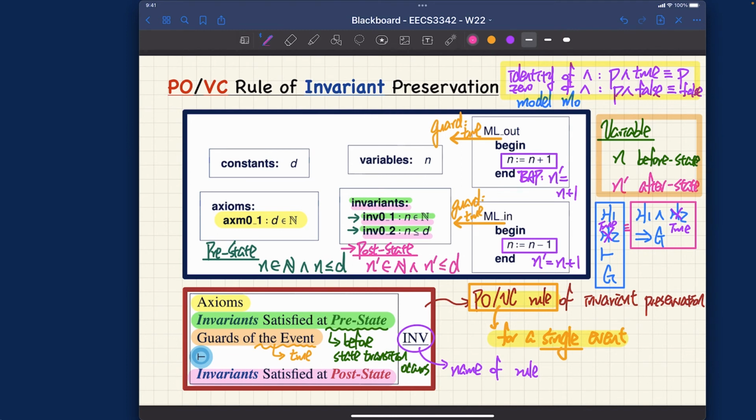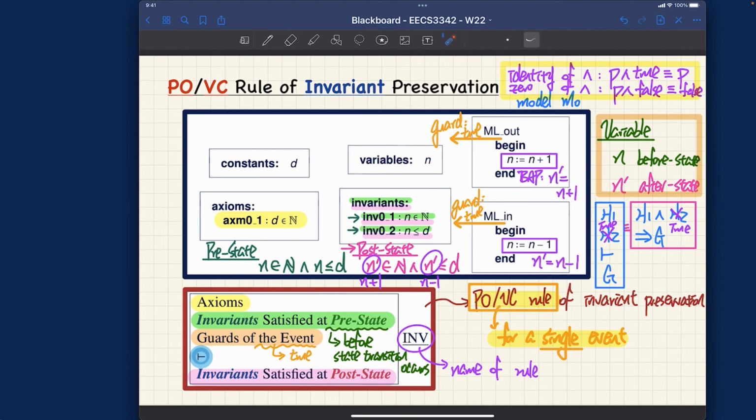But now, since we know n prime is indeed the pre-state value plus 1, and also here it's the pre-state value, oh sorry, minus 1, beg your pardon. Minus 1, right? So that means this part over here, m prime, can be replaced by m plus 1, and this part over here can be replaced by n minus 1.